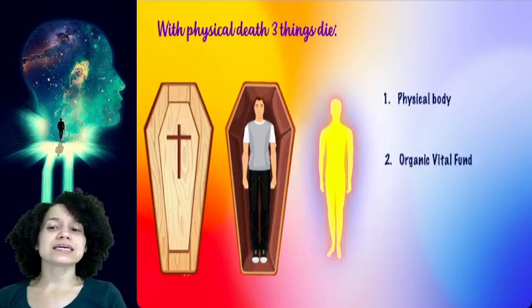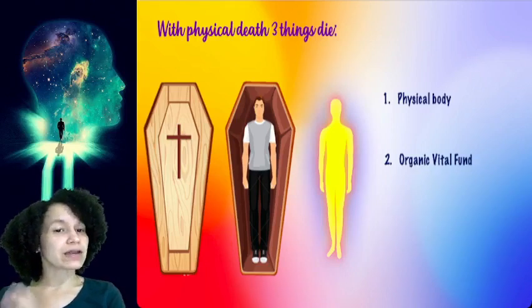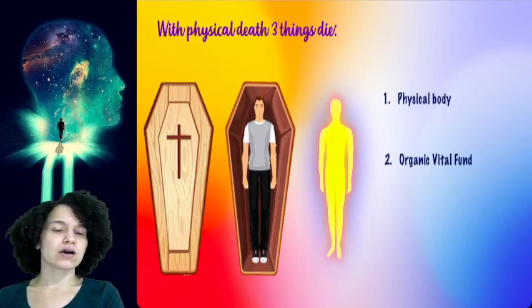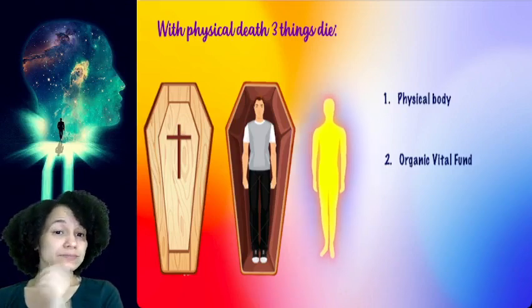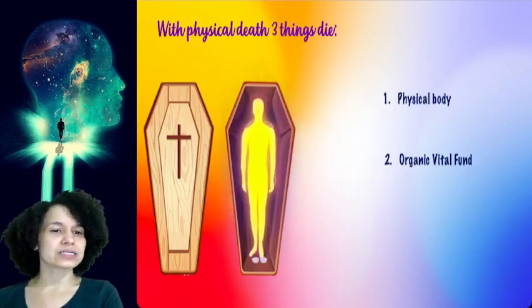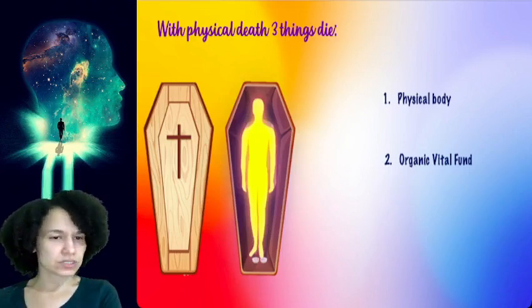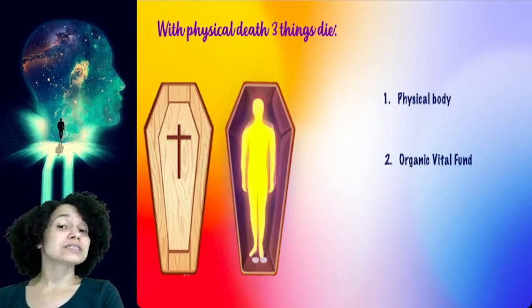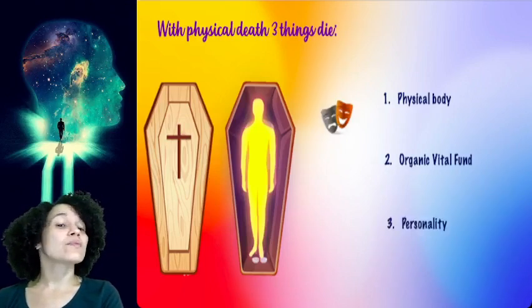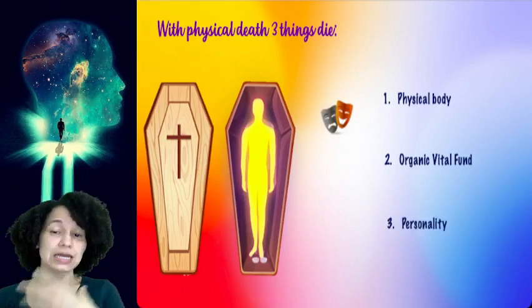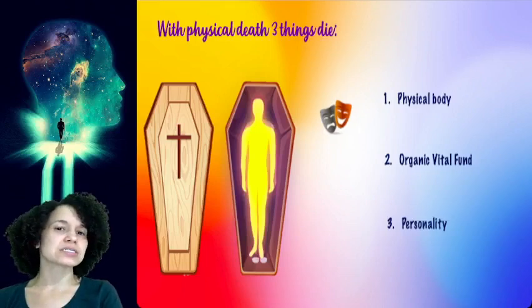The second thing is the organic or vital body, which is our energetic body, the energetic part of our body, and it disintegrates as the physical body disintegrates. And the third thing that dies in the physical death is the personality, that facade that we make every existence.